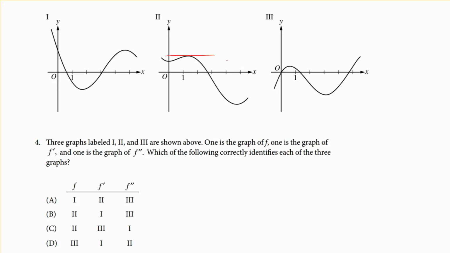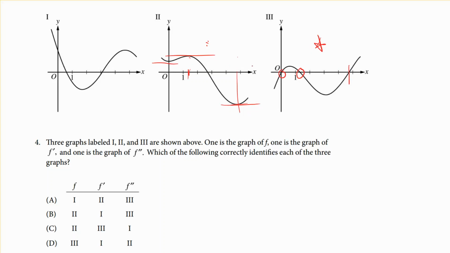Right there, that one has a slope of 0 right there. This one has a 0 there, meaning it is probably the derivative of this one. Let's check if the next one's right too. 0 right there, 0 right there. So this one here is definitely the derivative of this one here.